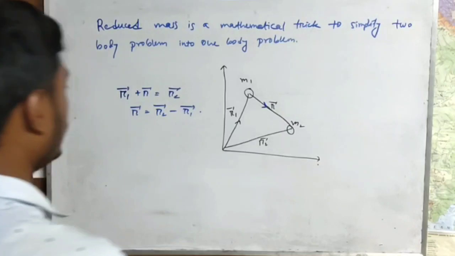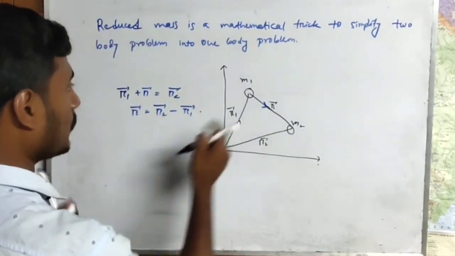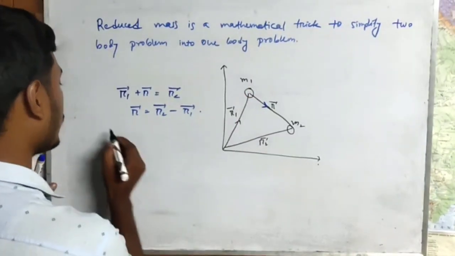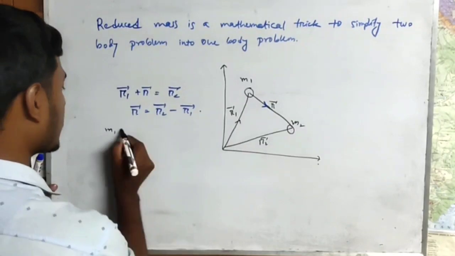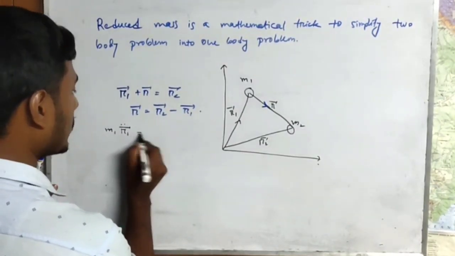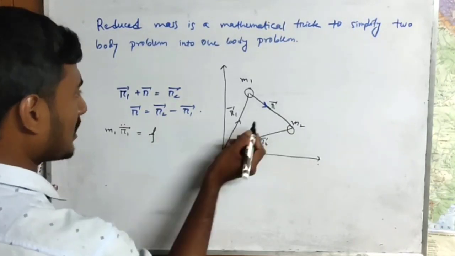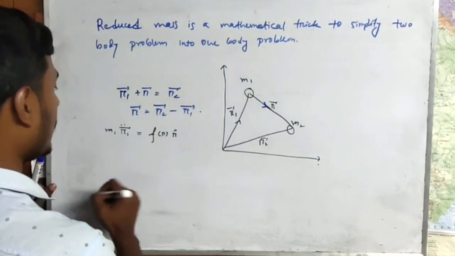Now we will see the equation of motion for the masses m1 and m2. For mass m1, the equation of motion will be m1 r1 double dot, the acceleration, is equal to, as this is the central force, f of r r cap.